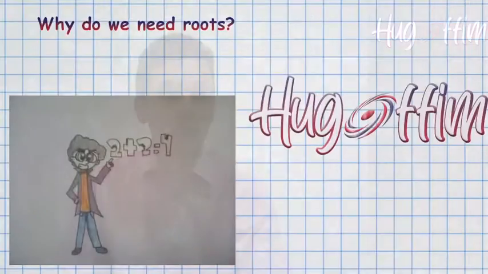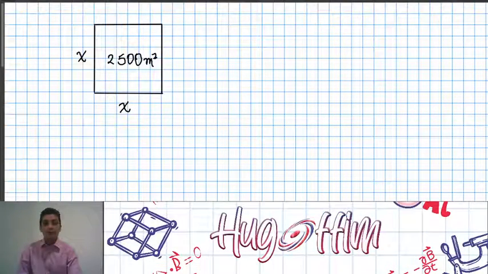Okay, so we're going to see how to solve this situation using a new operation that is a root, and we're going to understand what the meaning of a root is and how you can use it to solve problems. So as you can understand, we have this square and we want to find out the side of the square if we have the area.